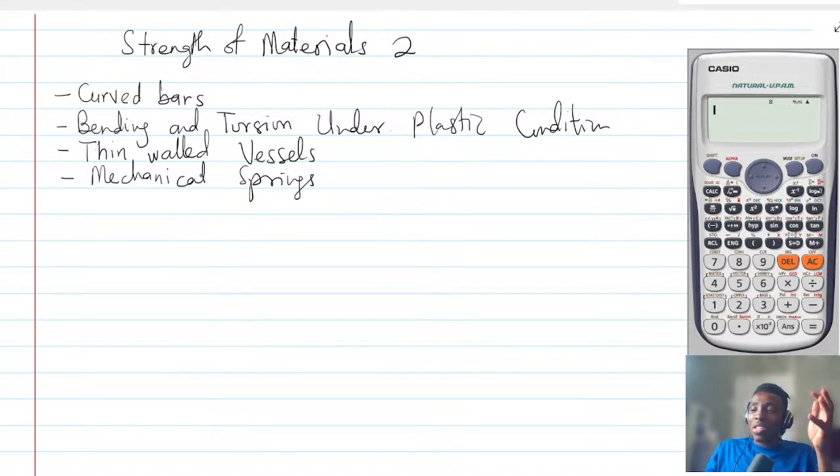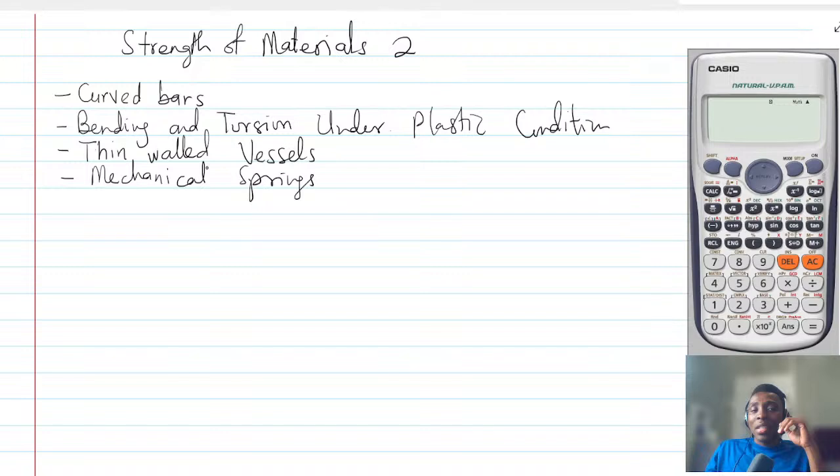So all the conditions available under the Euler load. We also have what we call the Rankine load, and then the Perry-Robertson formula, and all sorts of things. So without wasting much time, that's the review of basically what you have done already.